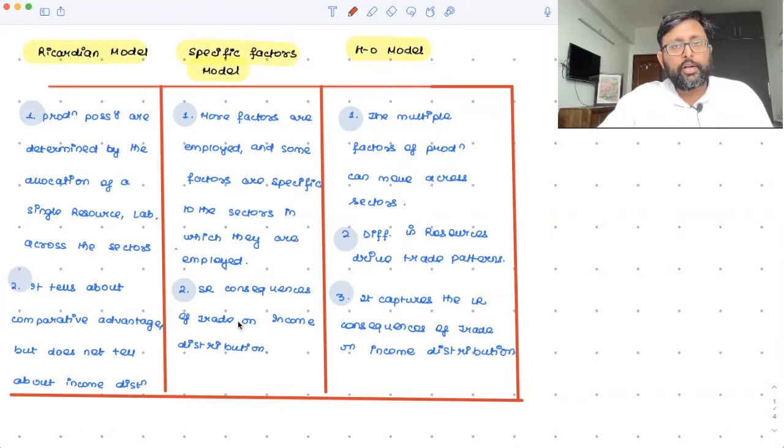It also talks about income distribution. The Ricardian model doesn't talk much about income distribution. Specific factors does in the short run. And then the Heckscher-Ohlin model tells about the long run consequences of trade on income distribution, right?